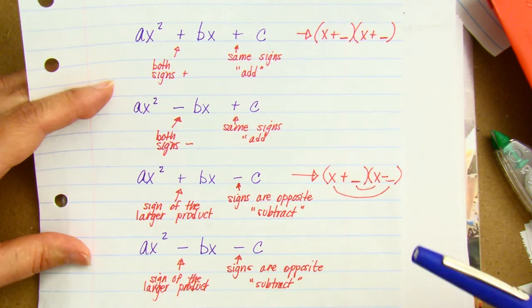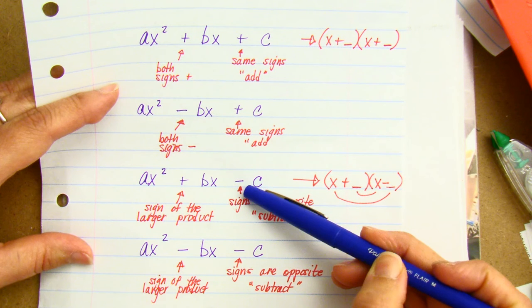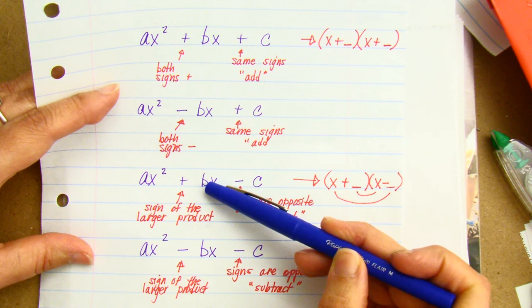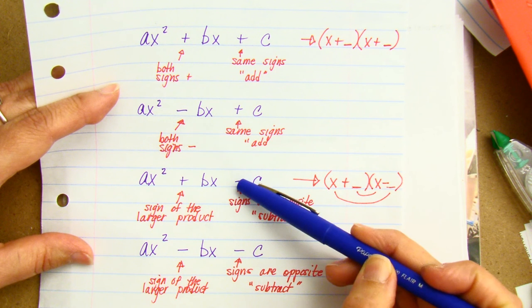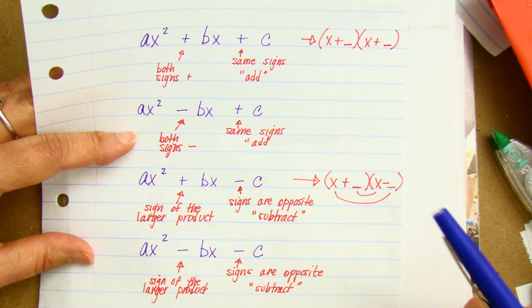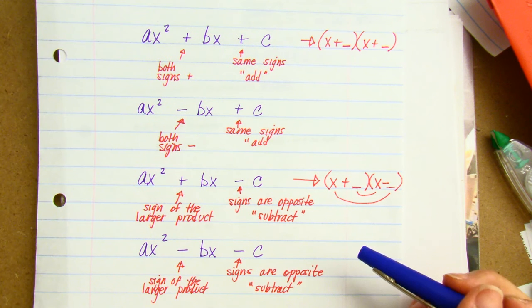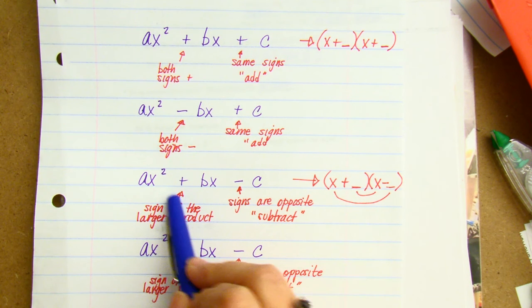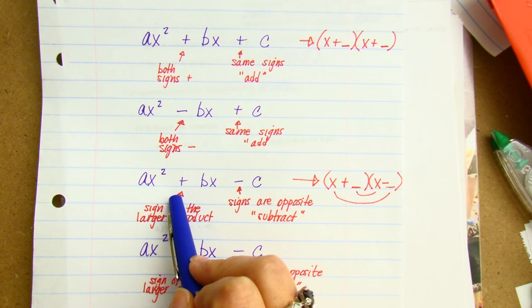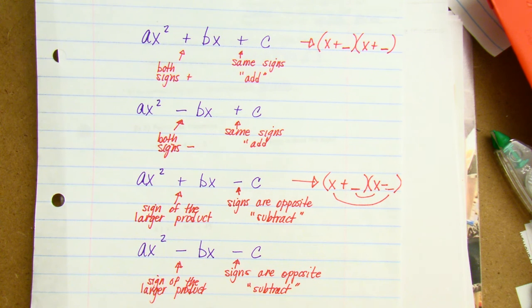Now here, when it's minus, this means you're subtracting these factors to get your b. And this also means the signs are different. So one's going to be plus and one's going to be minus. There's no rhyme or reason where you put the plus or minus, except that whatever this is, your larger product has to be plus. And I'll talk about that more when I'm actually doing some of these factoring problems with you.